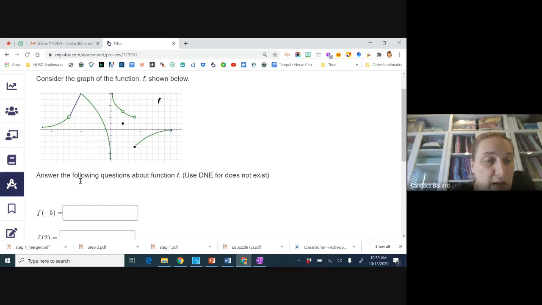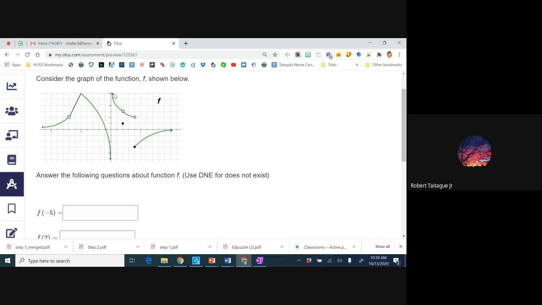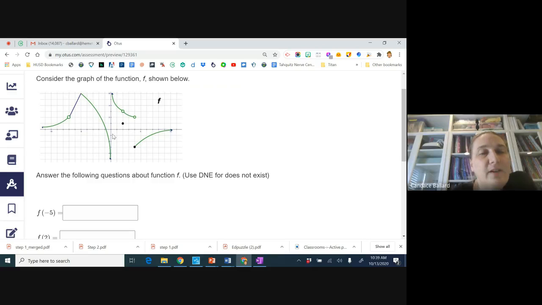All right, so I am looking for -5. So -5 is right here, right? So I'm going to count 1, 2, 3, 4, 5. I'm going to trace that up. I'm going to read the y value off the graph, which looks like a 6. Oh, I put 5. I thought that was a 5. Yeah, count the number of dots.